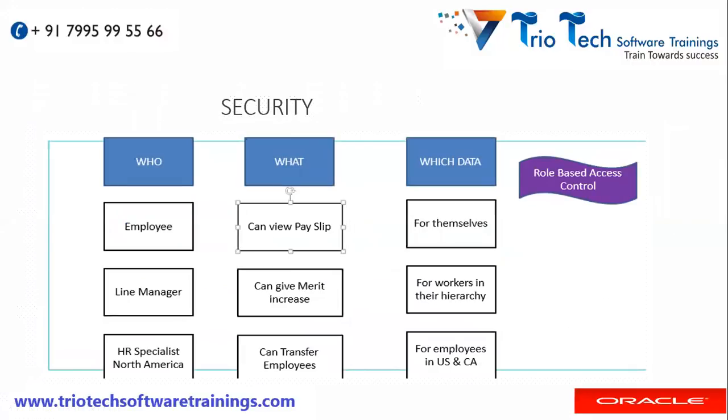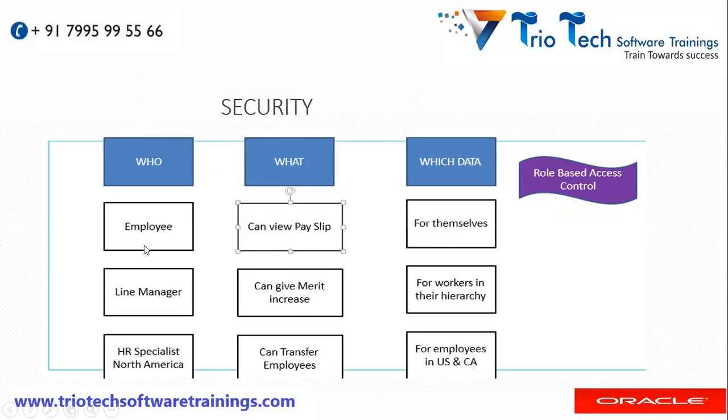When we talk about security, it means that our security is also managed in the Fusion application, by asking these three questions. That is who. It means who is the accessor of the system, who is going to access the system. Now the person who is accessing the system, what kind of role is played by the user?